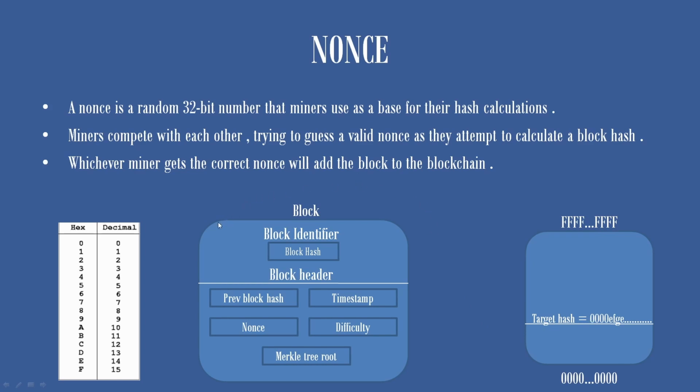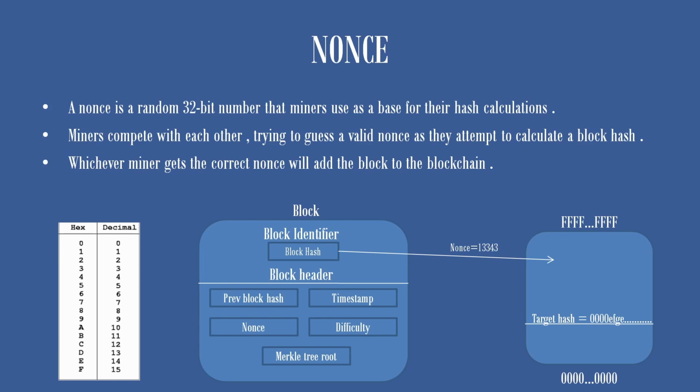So let's say a miner constructs a block and wants to add it to the blockchain. For that he is given a nonce, which is a completely random 32-bit number. The nonce will produce a block hash, and the block hash will be somewhere in this space. Let's say it is above the target hash. The blockchain algorithm won't consider the hash value and it will be rejected.